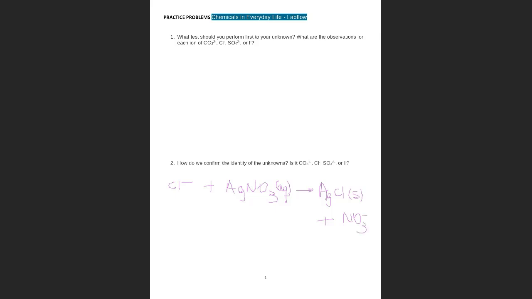What happens if you suspect that you have sulfate? You add sulfuric acid and there is no reaction. You said, I might have sulfate. And then the confirmatory test that is described is the reaction with barium chloride. You mix the two solutions and it forms a solid of barium sulfate.